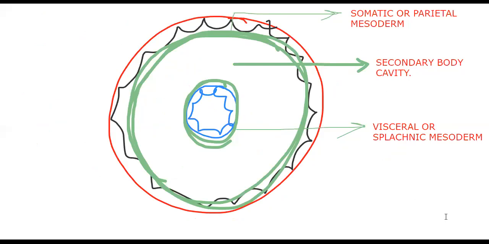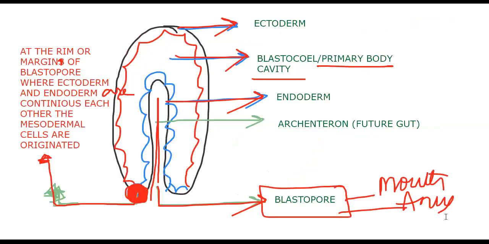The true coelom formed from the pouches of archenteron is called enterocoelom. From the splitting of mesoderm, schizocoelom. That's it. Okay, so let me come from the beginning. If you understand in the angle of mesoderm, it will be very easy for us.